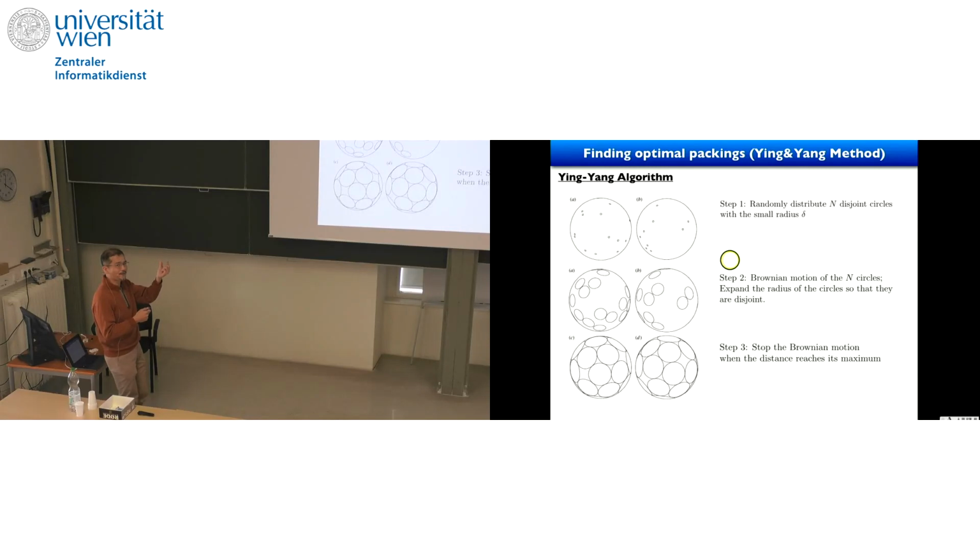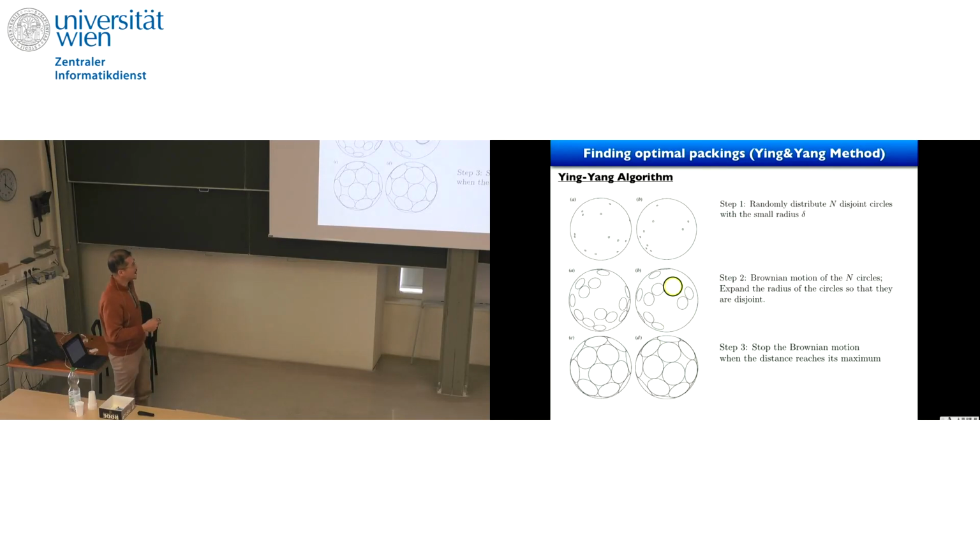Then we expand their radius until some of them touch, and attach like this. Then we again move randomly and expand the radius, and by repeating this stochastic process, we finally obtain the optimal packing state.